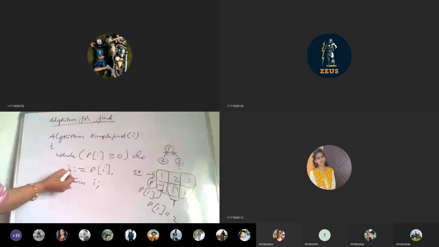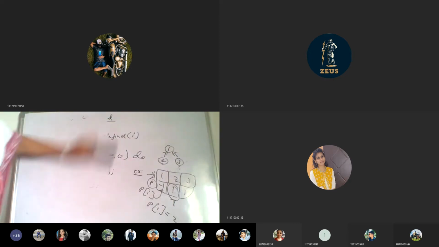So 1 will be written here and it is going to return 1. So in this case, what exactly are we going to find? We are going to find the parent of a particular element. So that's what we have learned in this algorithm. This is about the find algorithm.